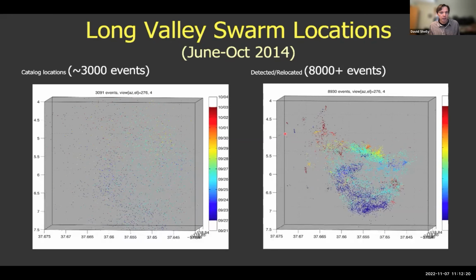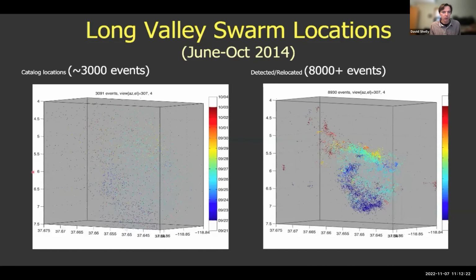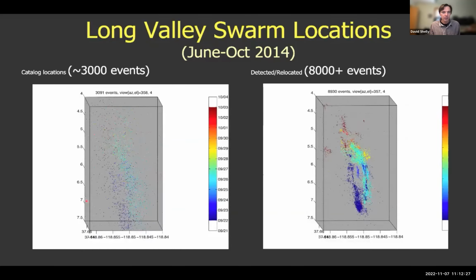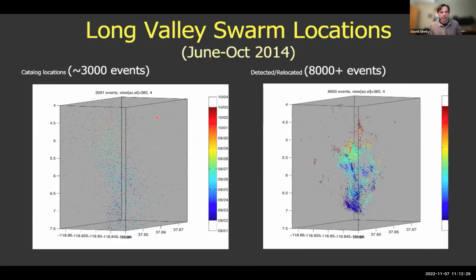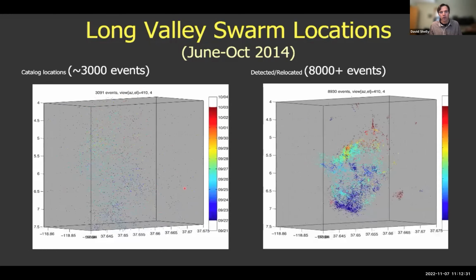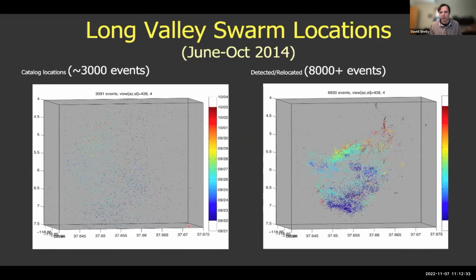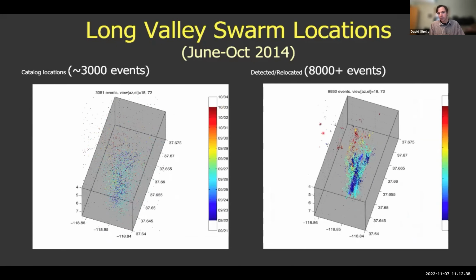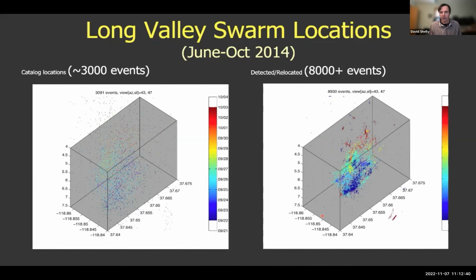You can imagine if you're trying to interpret physical processes based on the catalog on the left, you would have a pretty tough time. It looks like a kind of vertically extended cloud compared to on the right, where you can start to see discrete fault features and migration of the activity with time.